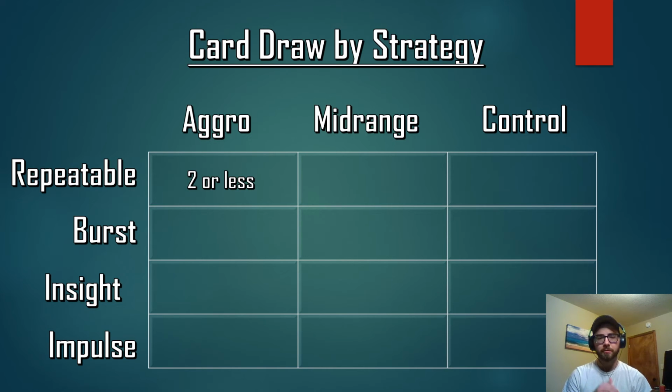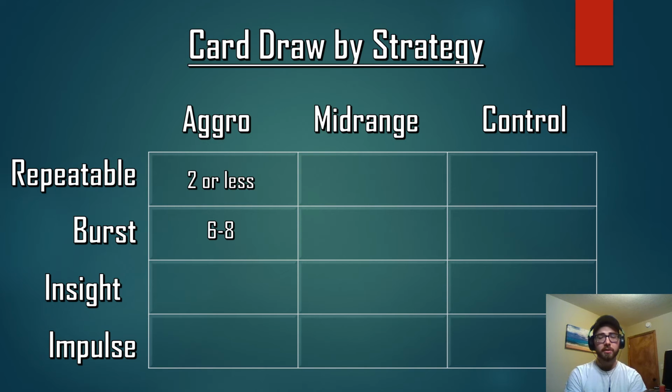So you want to be the first to deploy your creatures so that you can actually start getting in hits as early as humanly possible, or goblinly possible, I guess, if you like goblins. Shout out to Chris for Krenko. And the repeatable card draw doesn't really work that well for this. So what I would really suggest is that you do 6 to 8 burst card draw.